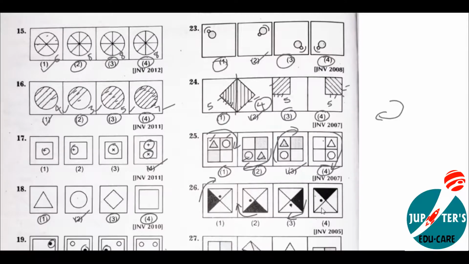And in case of option 4, in clockwise direction, first we have a dotted circle, then the shaded part. In option 1, option 2, option 3 we have first the shaded part, after that the dotted circle. But in case of option 4, first we have the dotted circle, after that the shaded part. So 4 is our answer.